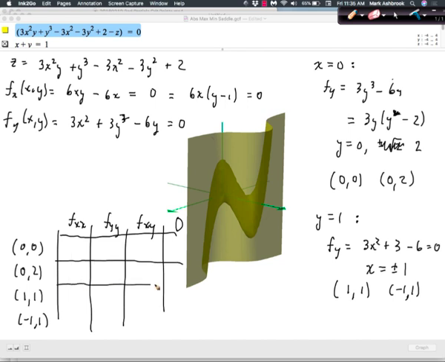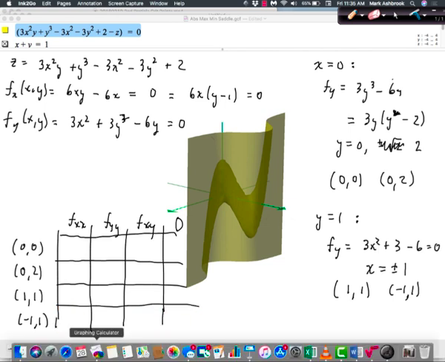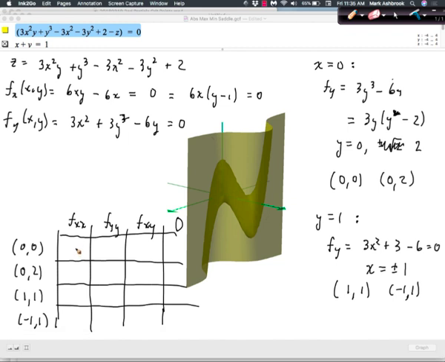So I'm just setting up an organized way to determine the discriminant for each one of those critical points. So we'd have to find the second derivatives, all three of those, and then plug these x and y values into those to get the values, and then calculate the discriminant, which would be the first column times the second column minus the third column squared.